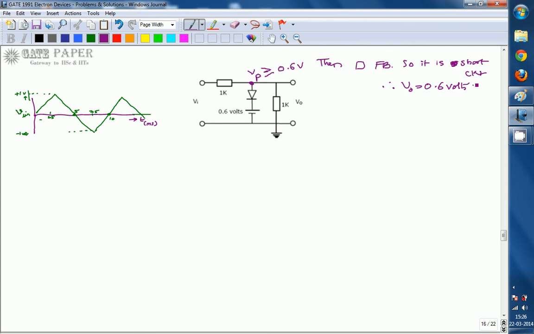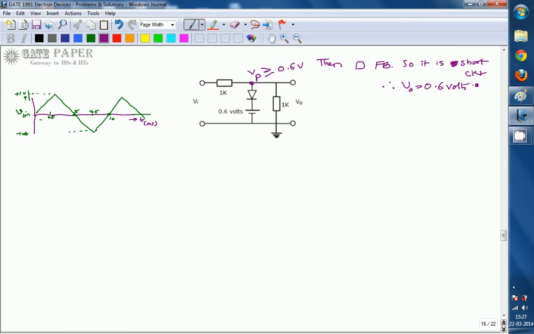But are you going to get Vp as 0.6 or more for the given input waveform? Whenever you apply the negative half cycle, definitely the diode will be in reverse bias only. So the only thing to check is whether, during the positive half cycle, there is any chance of the diode getting forward biased. During the negative half cycle, the voltage applied to the P side is negative, so it can never be forward biased. With a positive voltage there may be a chance that Vp is greater than or equal to 0.6 volts.